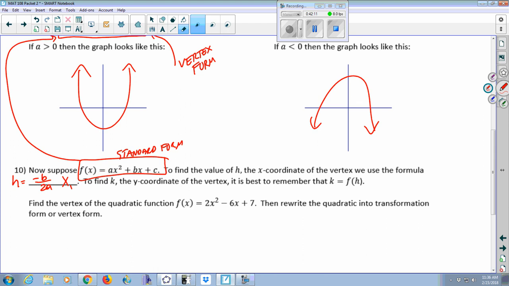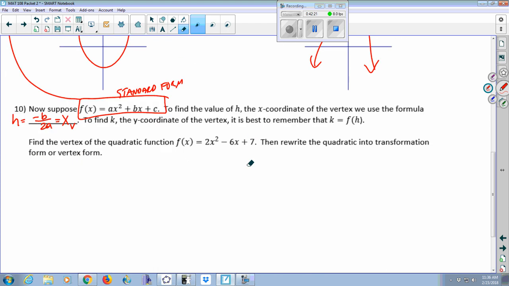That's the x value of your vertex. And to find your y value, you just plug that value of x back into your function and out pops your y value. So if we were to find the vertex of this function right here, the x value of my vertex, or what we call h, is the opposite of negative 6 over 2 times 2, which is 6/4 or 3/2.